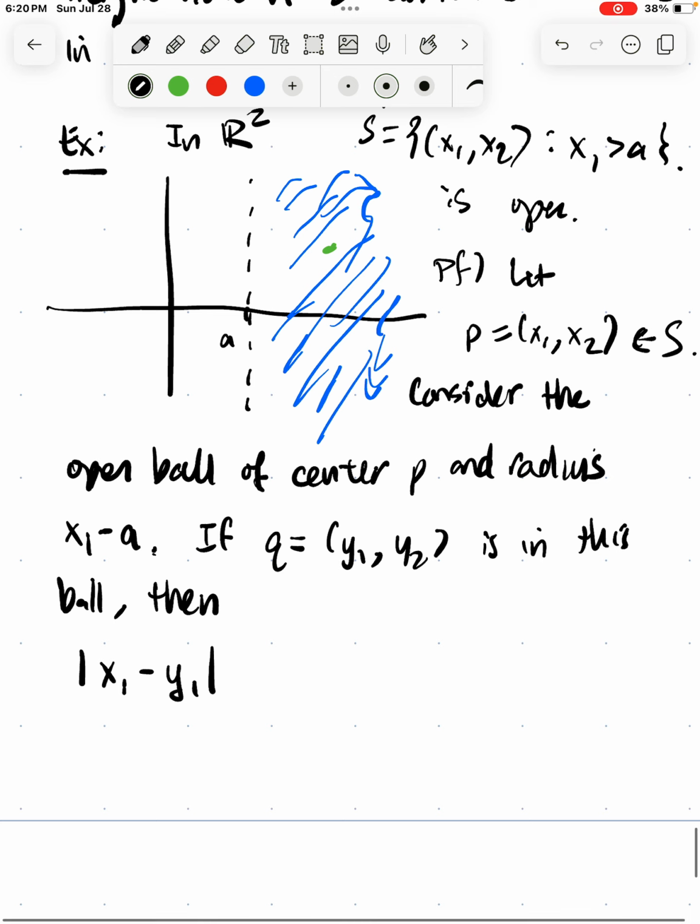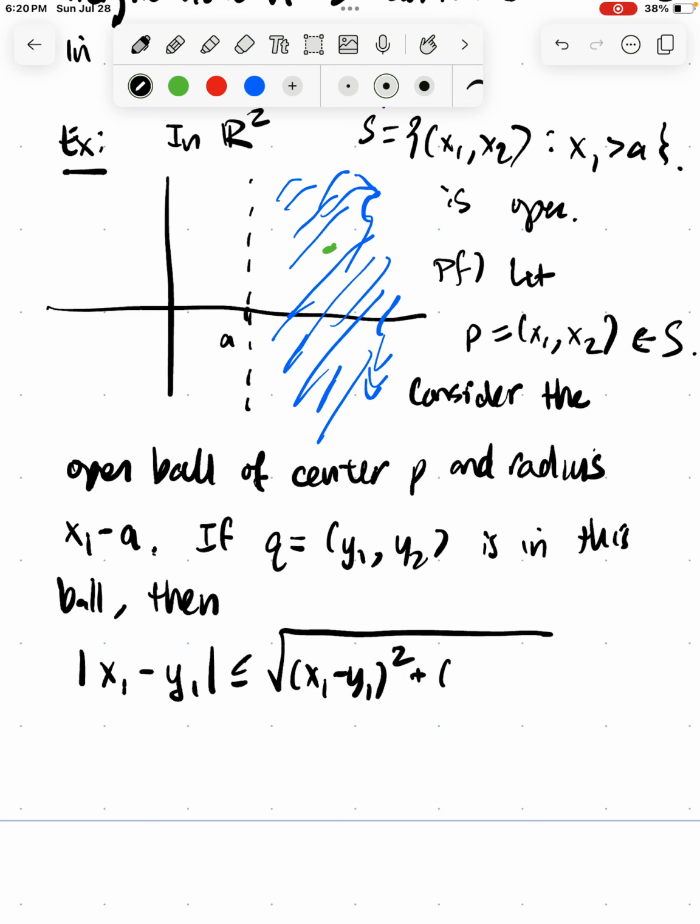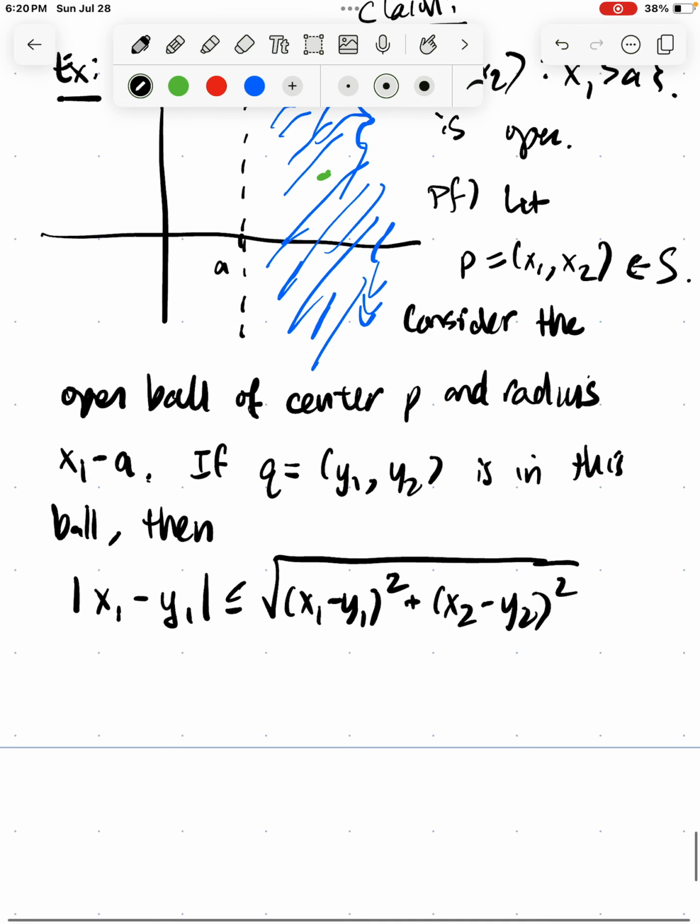Well, this is going to be less than or equal to the square root of x1 minus y1 squared plus x2 minus y2 squared. That's just a general fact. And this thing on the right is precisely the distance between P and Q. And we know that Q is in the ball, so the distance between P and Q has to be less than x1 minus A.